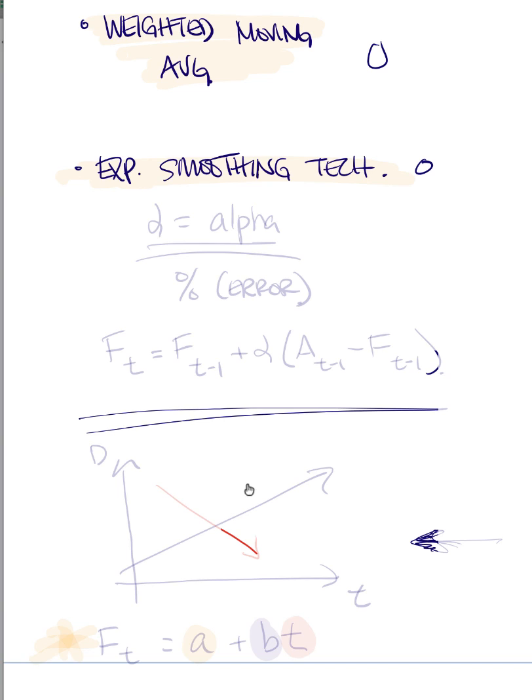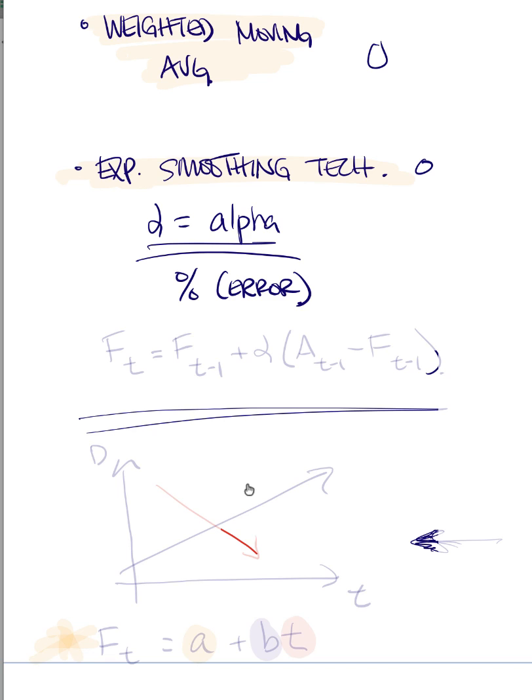a couple of points here. The exponential smoothing technique allows us to consider the fact that there are always errors in our forecasting, and we do that by applying an alpha, which is essentially what percentage of error we are going to accept in our forecasting model.